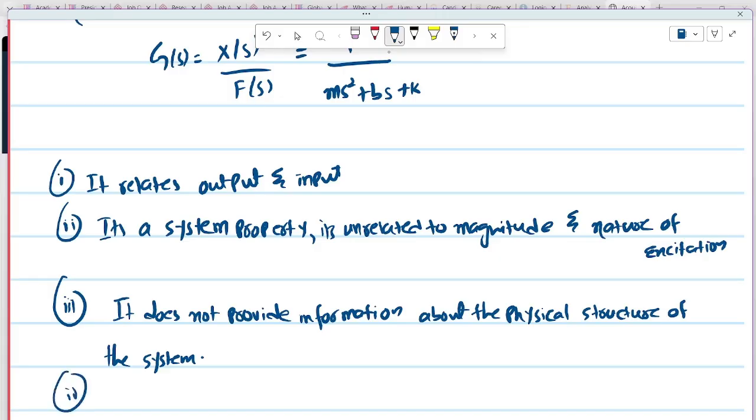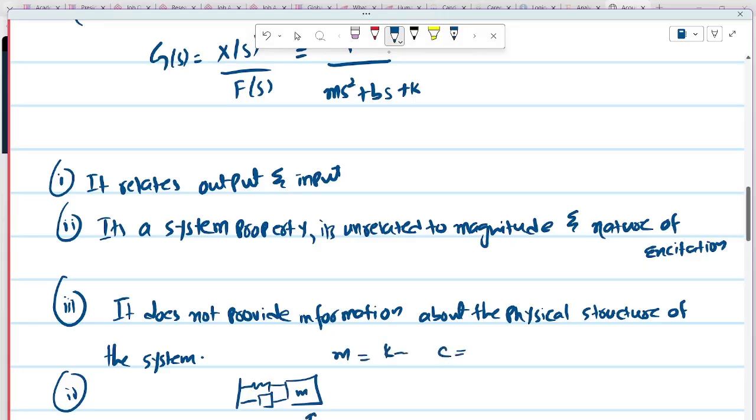Lastly, if let's say you don't have the transfer function of any system, you can determine it experimentally. Let's say you have a mass spring damper system, and you know the mass, you know the k value, you know the c value.